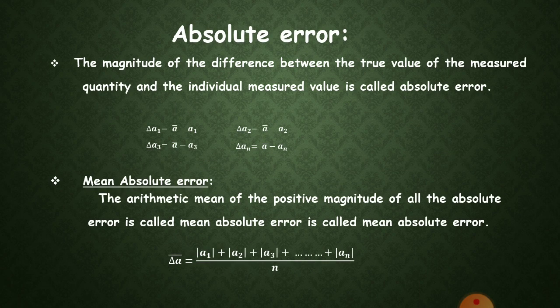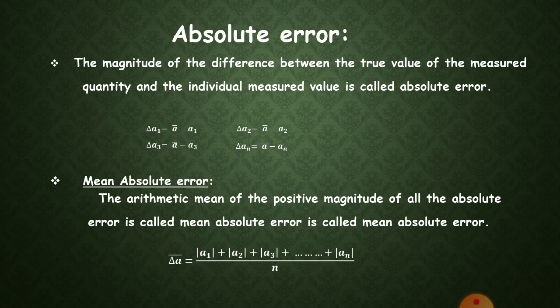Next one is the absolute error. What do you mean by absolute error? The magnitude of the difference between the true value of the quantity measured and the individual measured value is known as absolute error. Students, here you have different observations, suppose a1, a2, a3 and so on, and A bar is the true value.